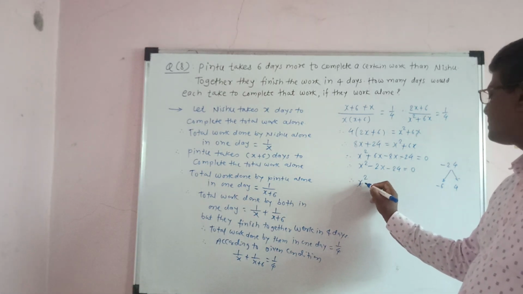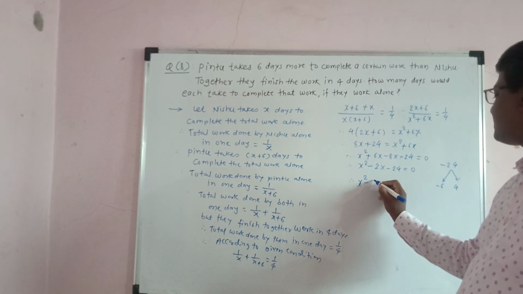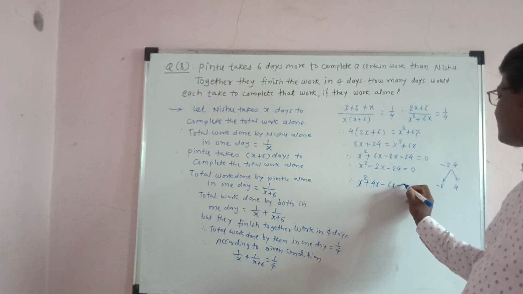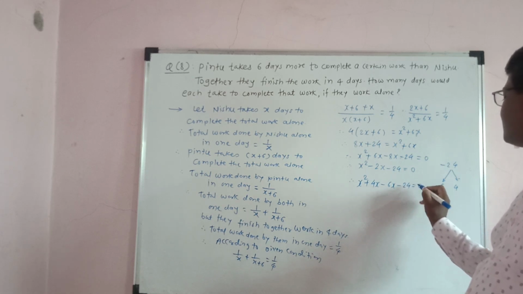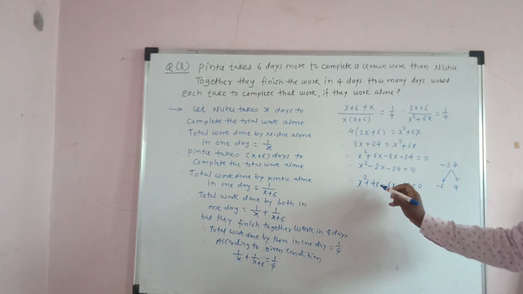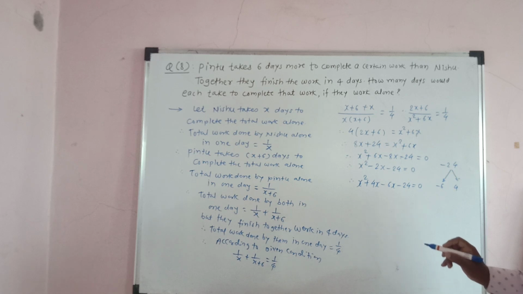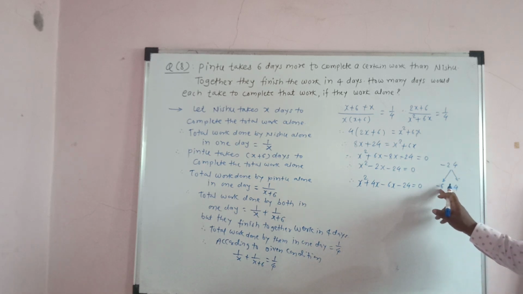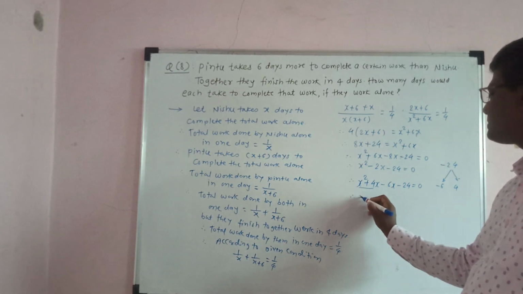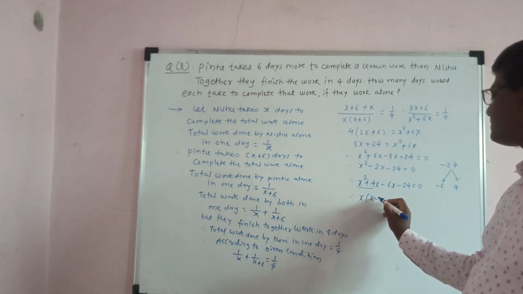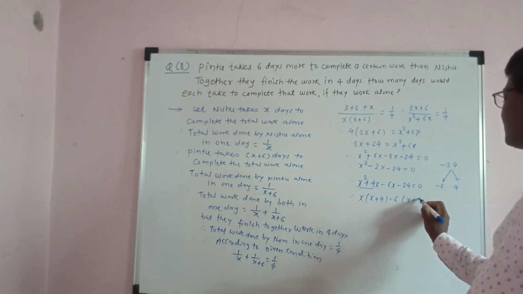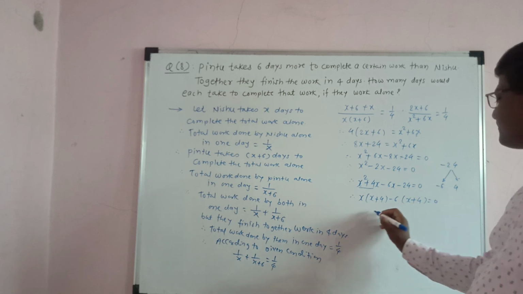Therefore, x square plus 4x minus 6x minus 24 is equal to 0. We split up the term minus 2x as 4x minus 6x, as we have the numbers minus 6 and 4. Therefore, we take x common in bracket x plus 4 and minus 6 in bracket x plus 4 is equal to 0.